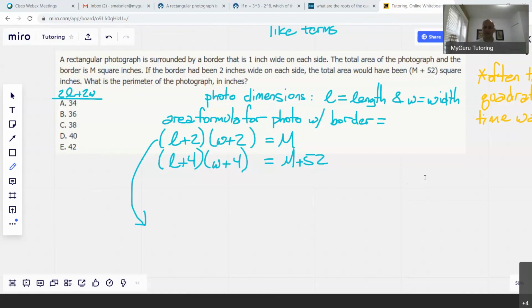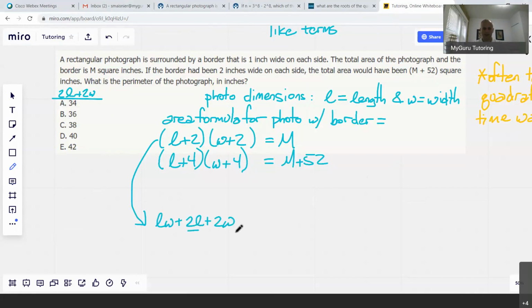So what would be the first term? And we've already got the whole thing. It's going to be LW, because that's our first term, plus 2L plus 2W.